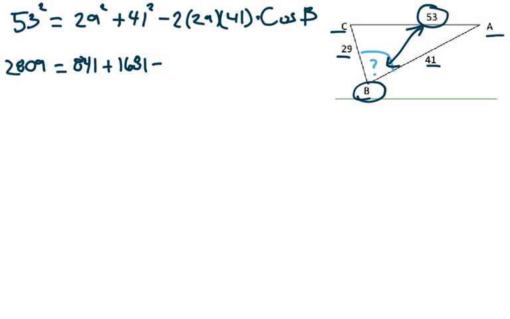So 29 times 41, and then multiply that by 2, gives us 2,378, all times the cosine of B.